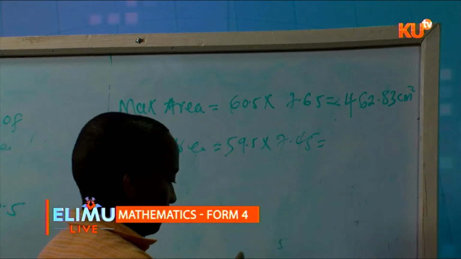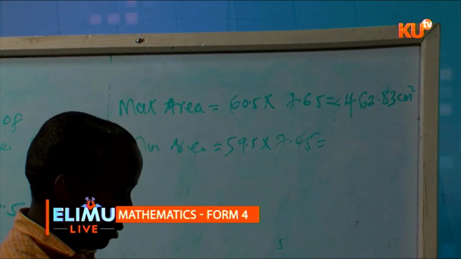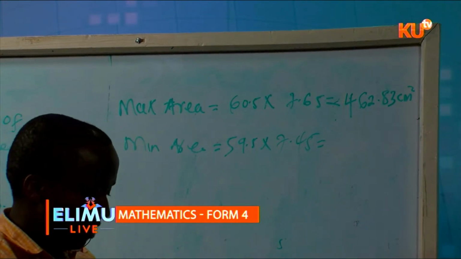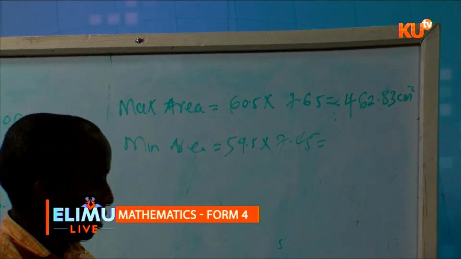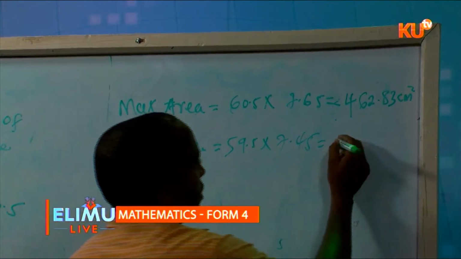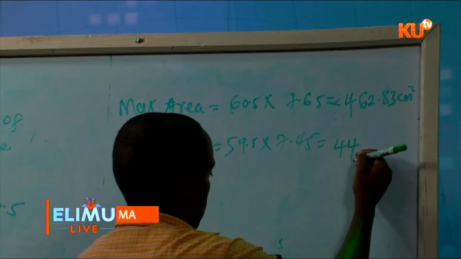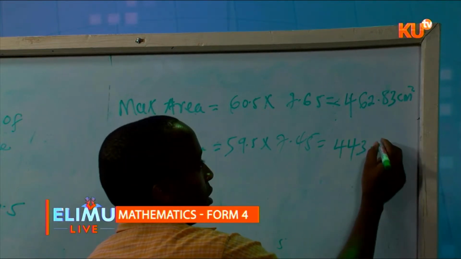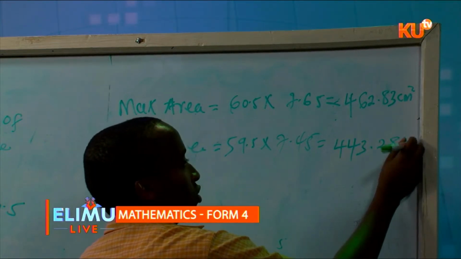For the minimum, 59.5 multiplied by 7.55, the answer will be 449.23 centimeters squared.